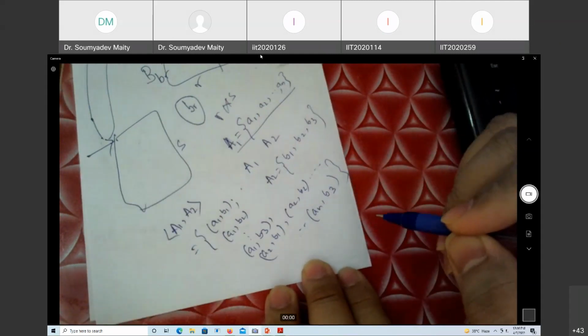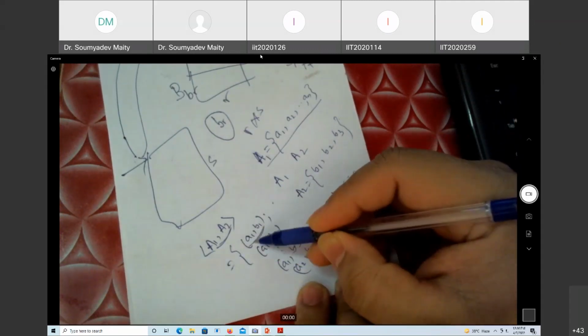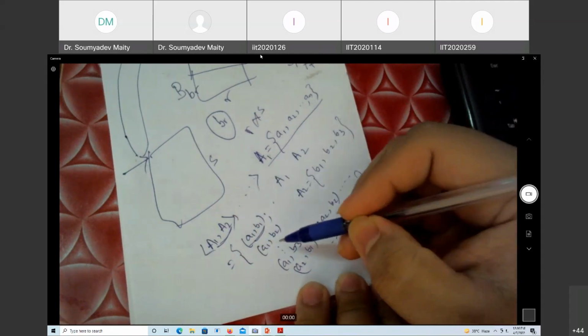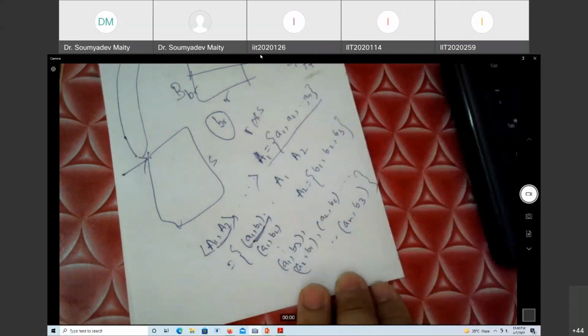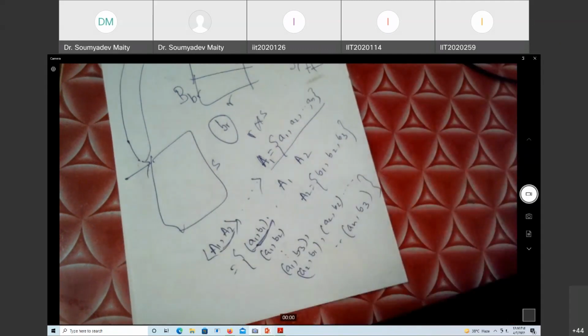So the value of this is an ordered pair. Now, if you take a combination of more attributes, then it will be a tuple. So I think I could explain.